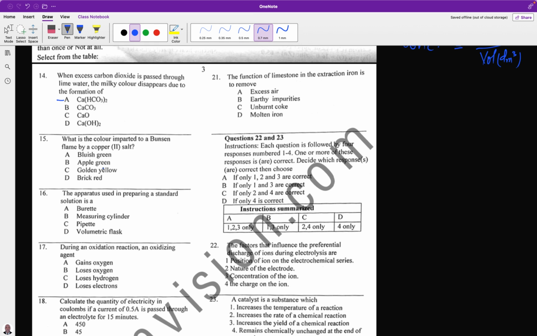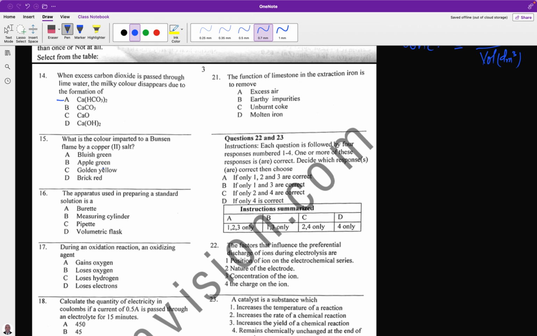But in most instances, when there is high intensity of the salt, a bluish green color will emanate.